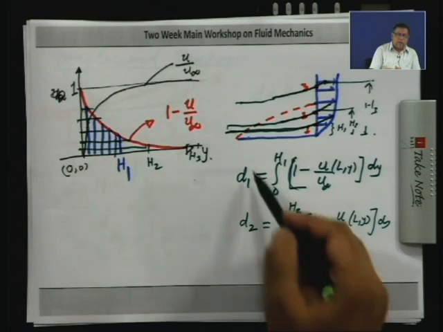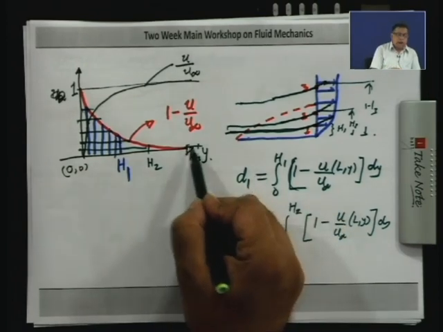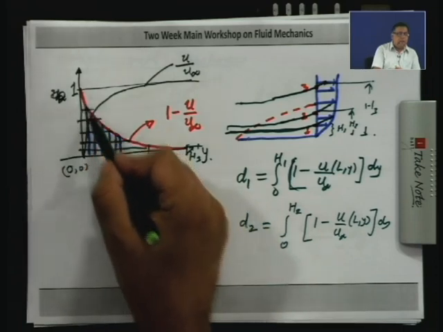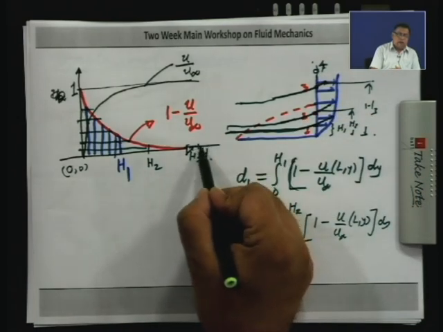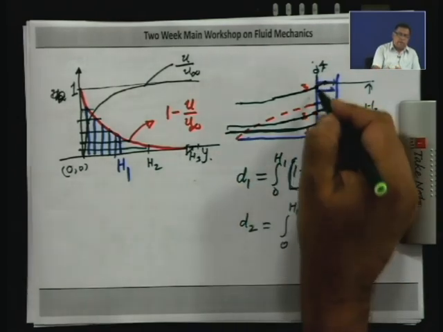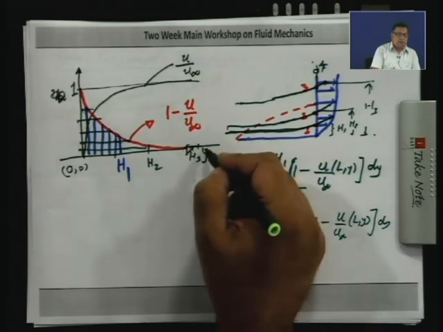So, you can see that d 1 and d 2 are going to be different, and if you look at H 3, you are going to get the area under the entire curve. Now, if I take a point 4 here, you will see that d 4 and d 3 will be the same, because the area under the curve has now converged to a certain value.